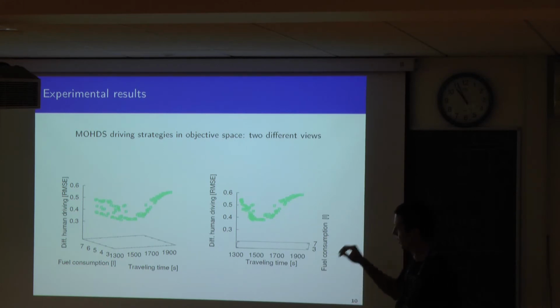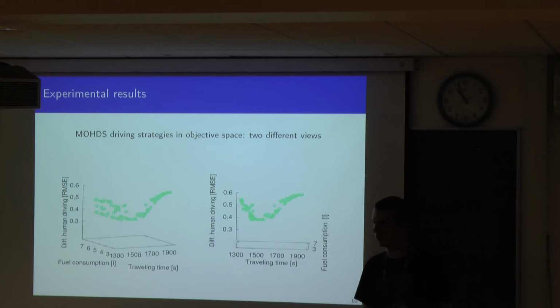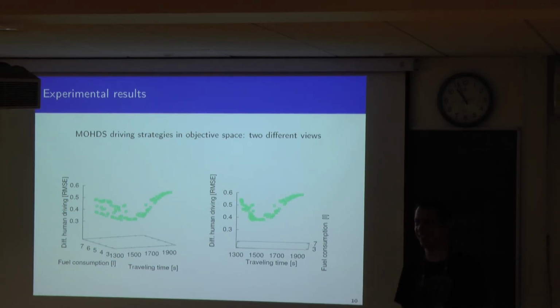This is not the actual driving. This is the objective. If you look at the numbers, they're around 0.5, right? Yes. So 1 would be very similar. No, 0 would be very similar. 0 would be identical? Yes. It doesn't change much, but yes, okay, I agree. So it's a difference, but still it is quite different.